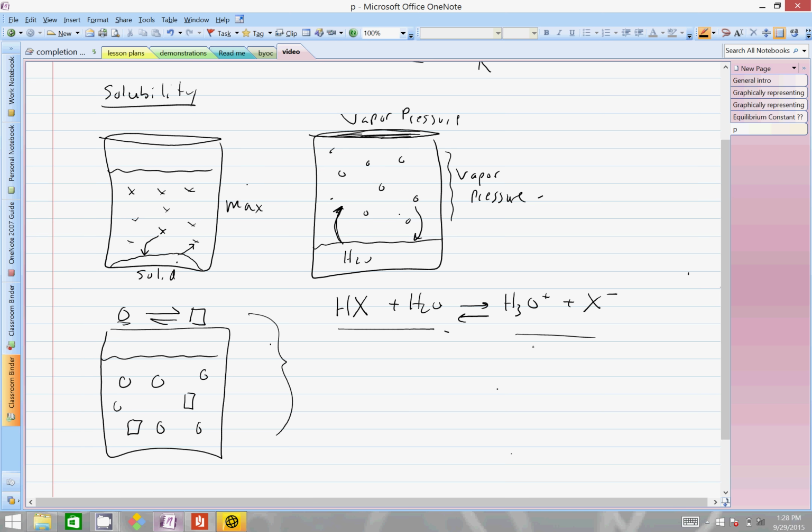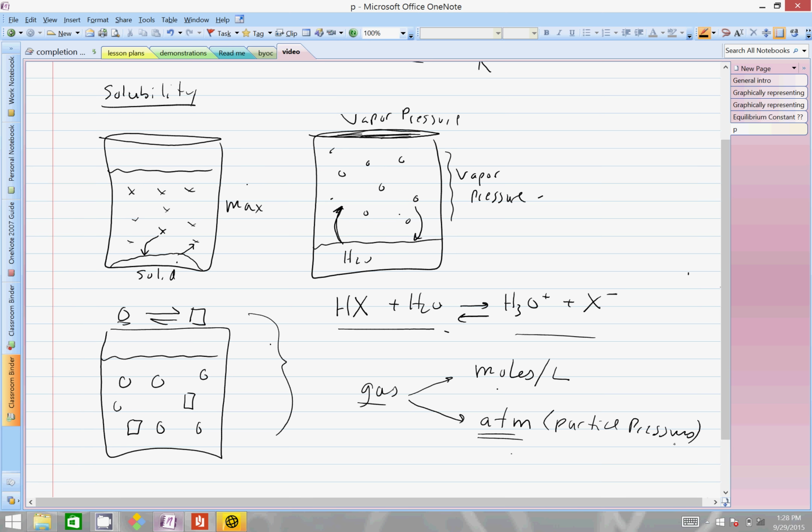Now this would be in the liquid phase, but we could also have other examples which are in the gas phase. Our main units of concentration for tracking these things are either going to be in moles per liter, so anything that's got a moles per liter can be tracked, or in gases, we can track things in atmospheres, or in pressures. This would be partial pressures.